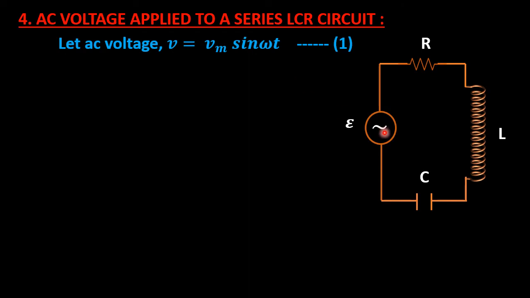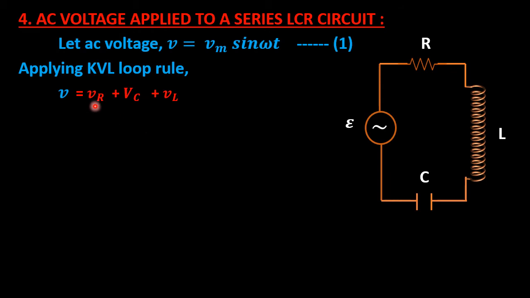Now we have to apply the Kirchhoff loop rule, and according to this rule, the voltage supplied by the AC source will be equal to the voltage across the resistor plus the voltage across the inductor plus the voltage across the capacitor. So we can write V equals VR, the voltage across the resistor, plus VC, the voltage across the capacitor, plus VL, the voltage across the inductor.